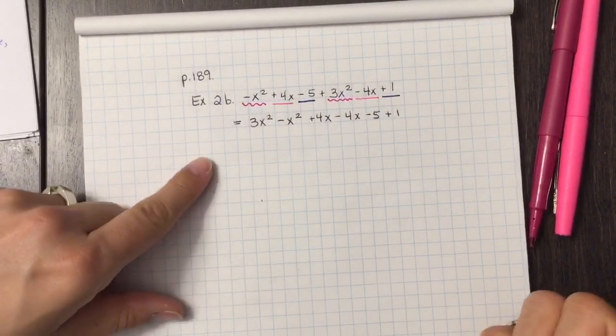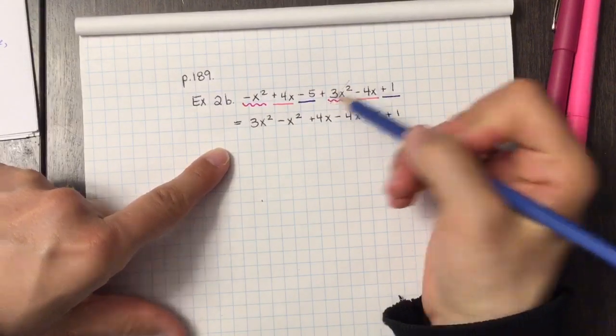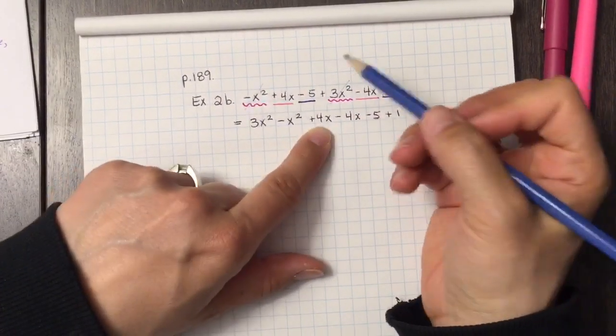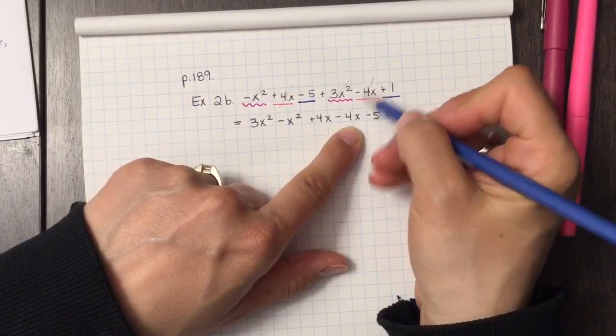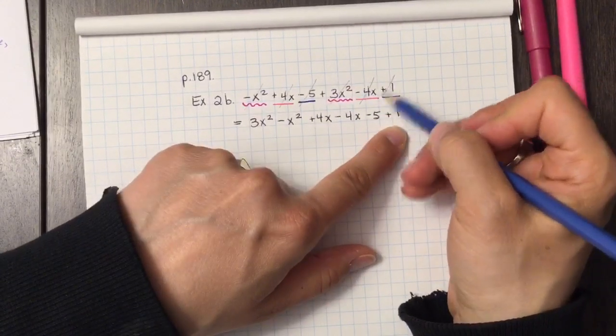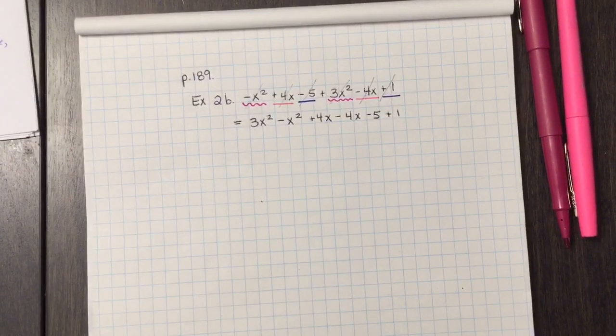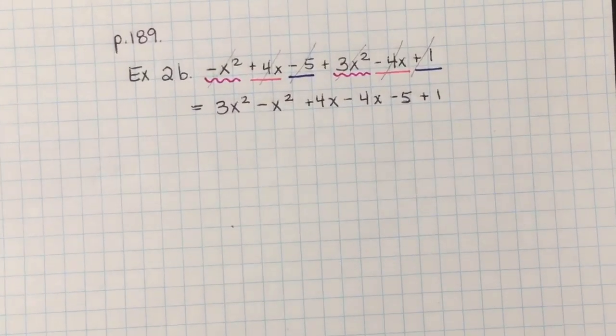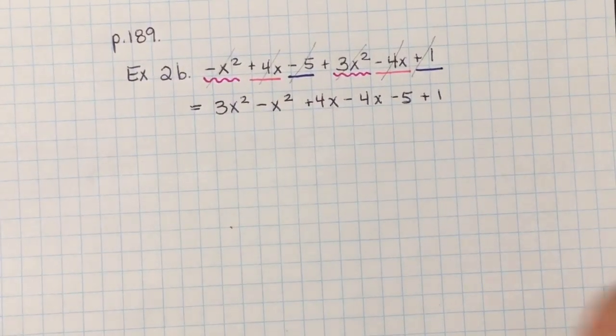And typically as I'm doing this, I will cross them off to make sure that I did them, because when you have really long polynomials, it's really easy to forget something. Okay, so now we have grouped all of our like terms, and now we can simplify.